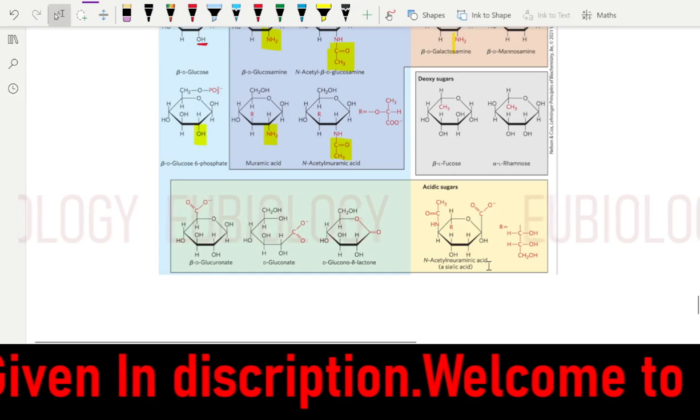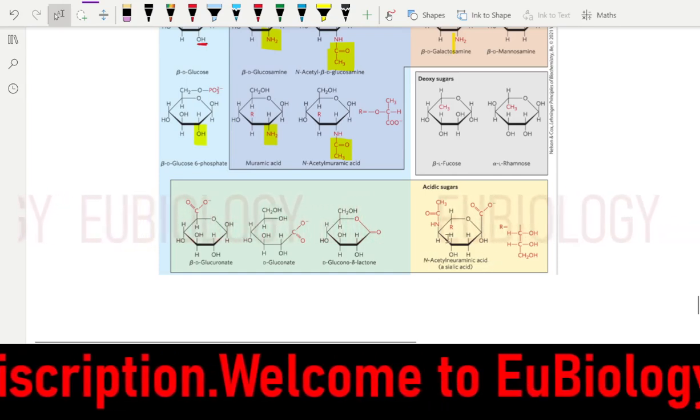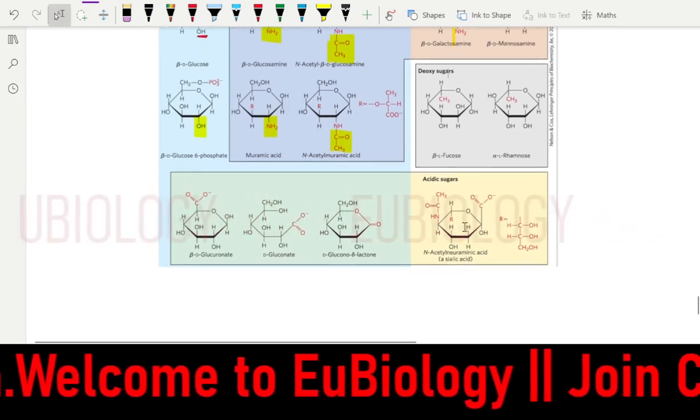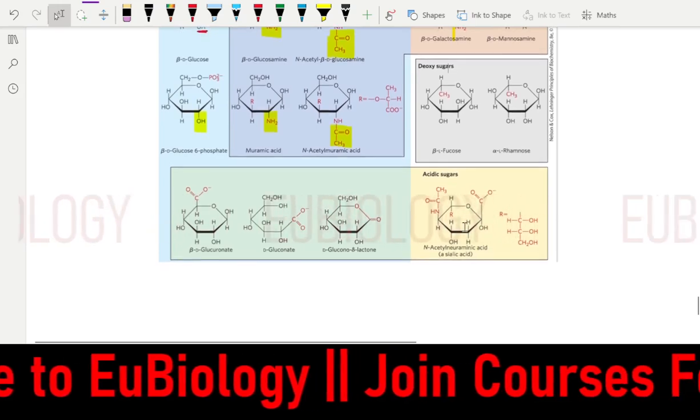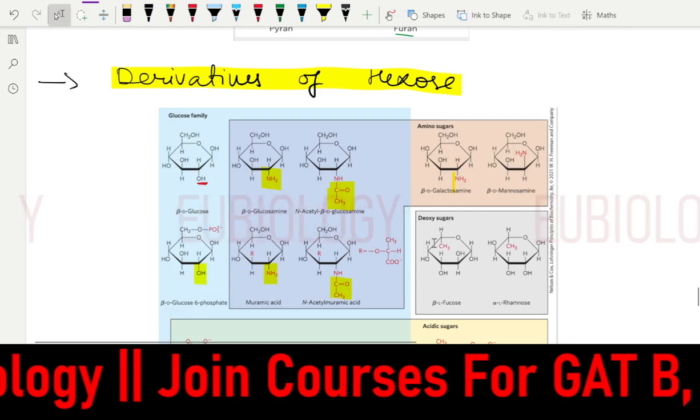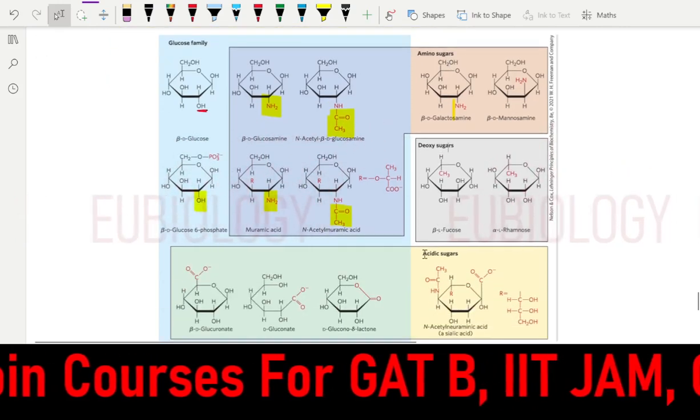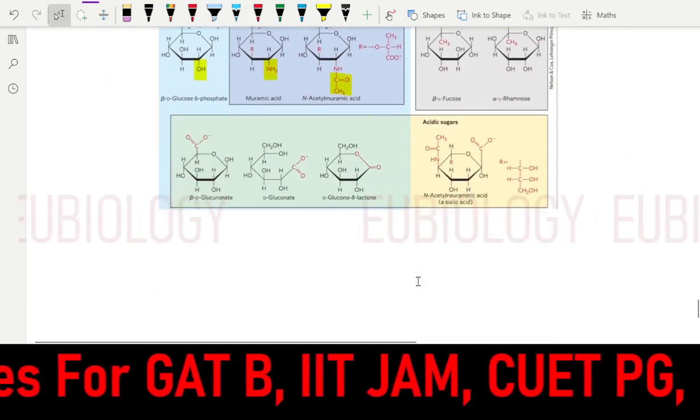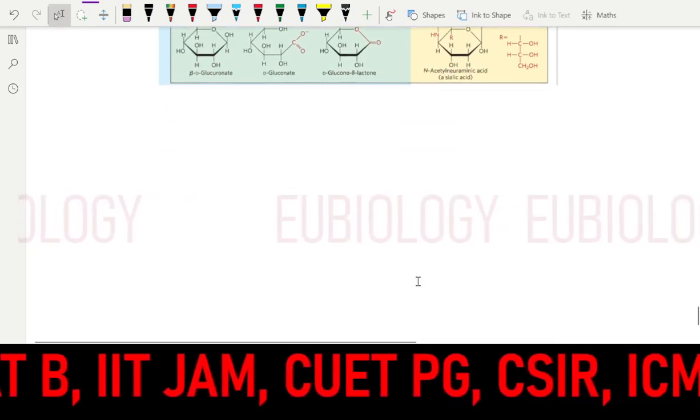N-acetyl neuraminic acid is another name of the sialic acid. So these are all the derivatives of the sugar. So this is the amino sugar, this is the deoxy sugar, and this is the acidic sugars. Just follow this thing.